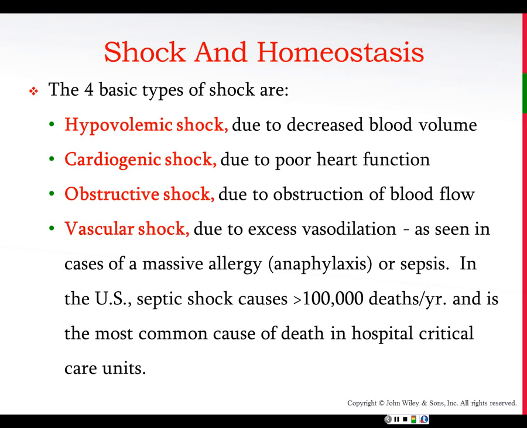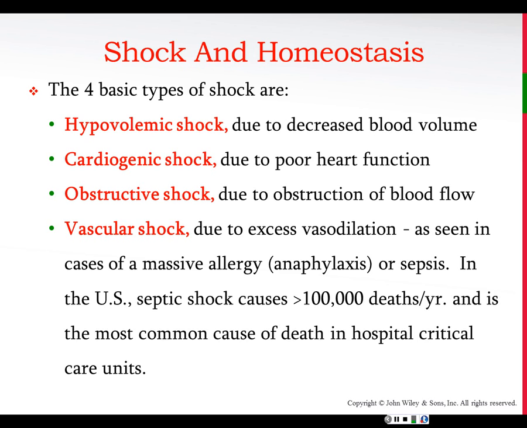And then one of the more troubling issues is vascular shock, in which the blood vessels are the issue. Usually this is caused by a massive and very quick vasodilatory event. We see it a lot when we see people who are allergic to bee stings or maybe peanuts or something like that.